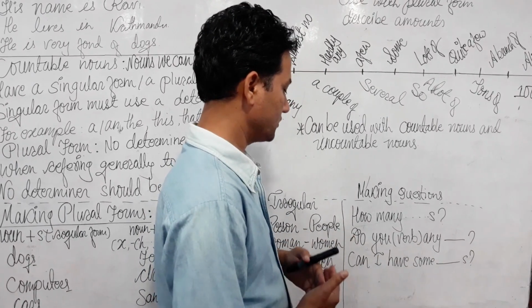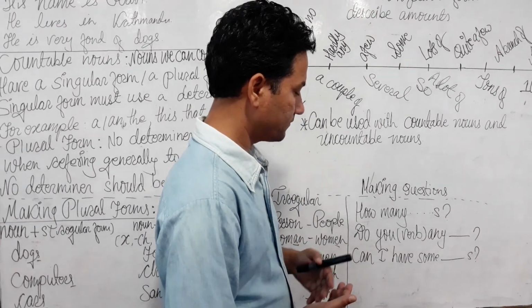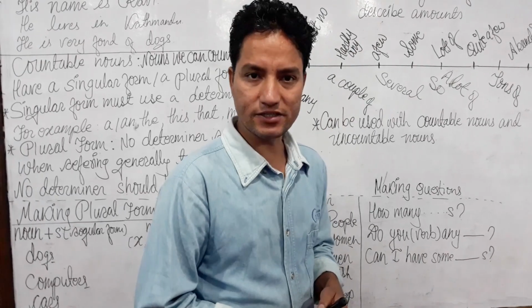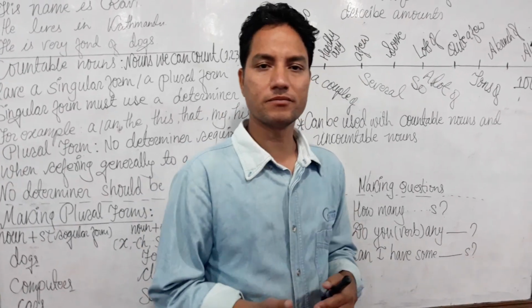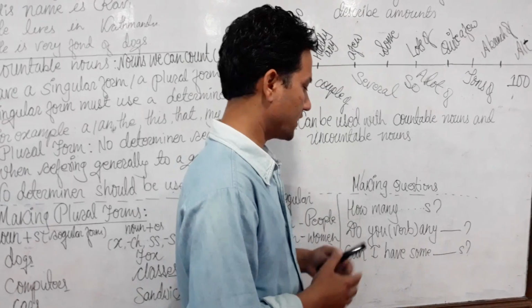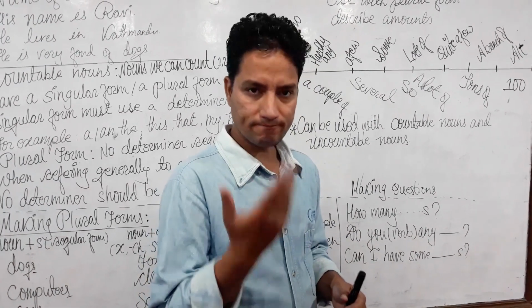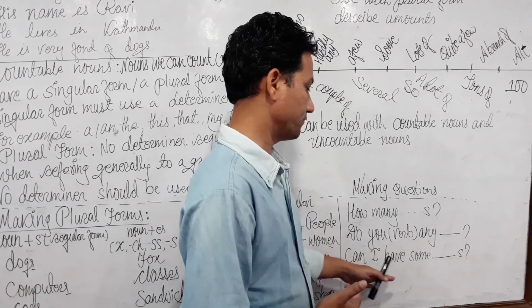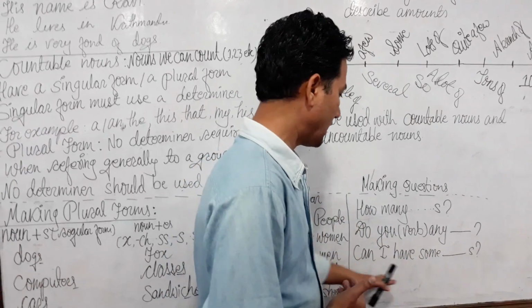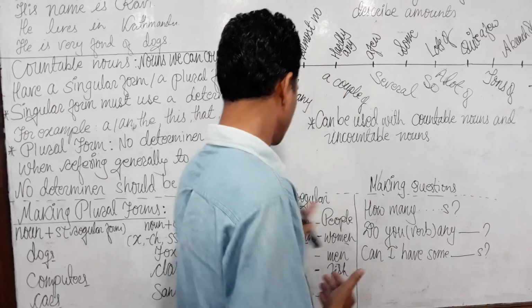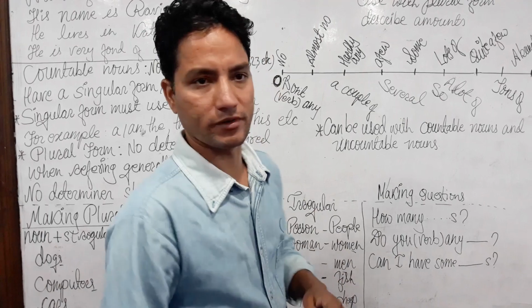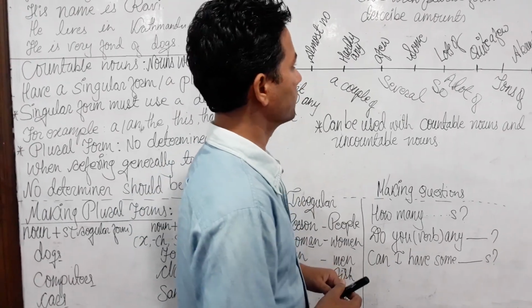Can I have some biscuits? Can I have some chocolates? This is how you can ask questions while using countable and uncountable nouns.